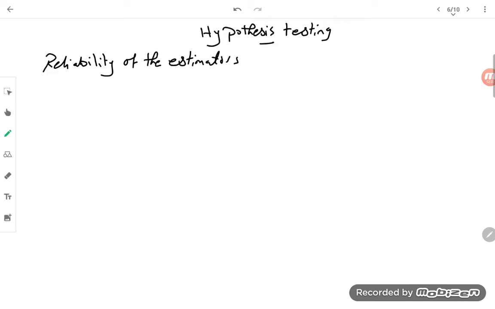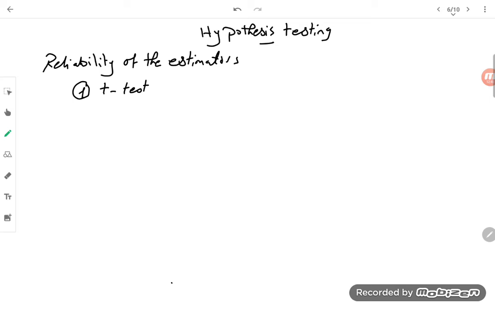With respect to hypothesis testing or estimating reliability of the model, we have a number of tests or measures that can be used. Number one, t-test or t-ratio.